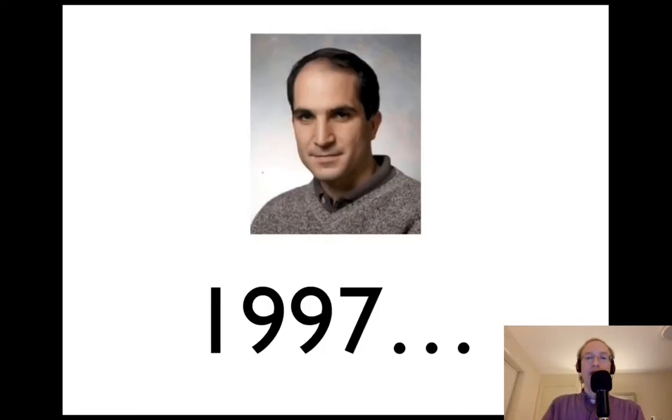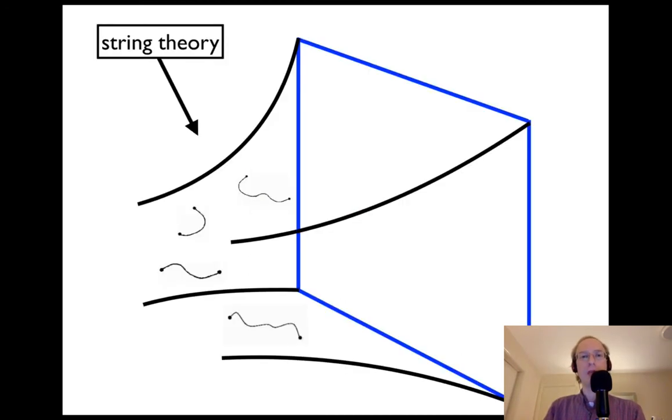He's originally from Argentina, but in 1997 he was at Harvard. And if we go back to that time, he was thinking about string theory, but with a twist. He had a new ingredient. He was thinking of string theory on a space with a boundary. So I've tried to draw a picture here. You're supposed to imagine this is some space. I have string theory living there, so I have some strings moving around. But there's a boundary. So there's this wall, which is this blue rectangle.